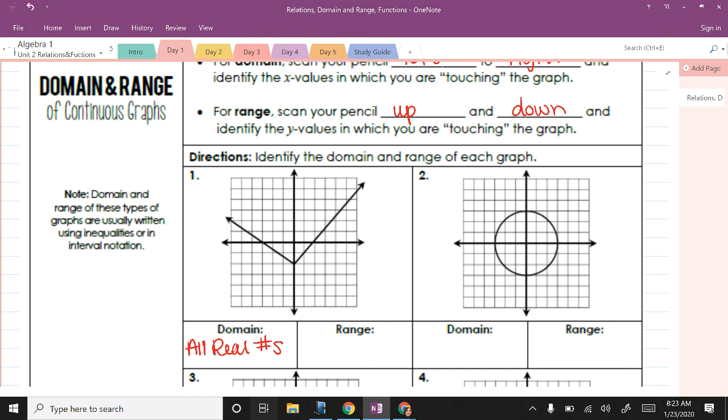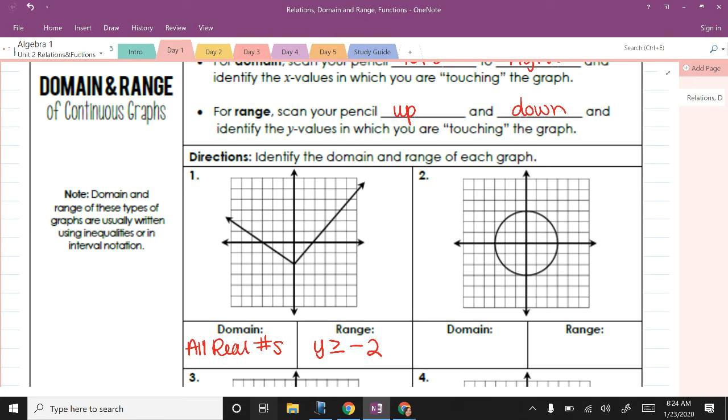So what is this number? Yeah, the Y value is -2. For the range, since range is Y, we're going to say the range is Y values that are greater than or equal to -2. The Y values for this graph are greater than or equal to -2. Y'all understand it? It's not all real numbers because it doesn't go down forever.